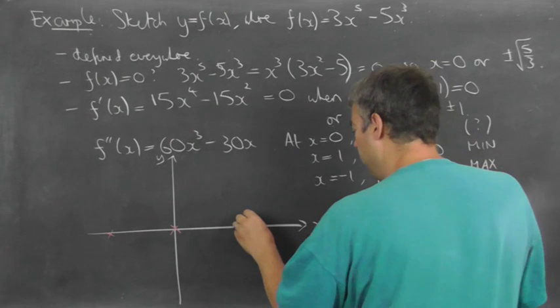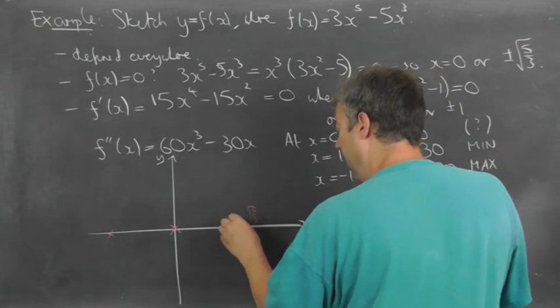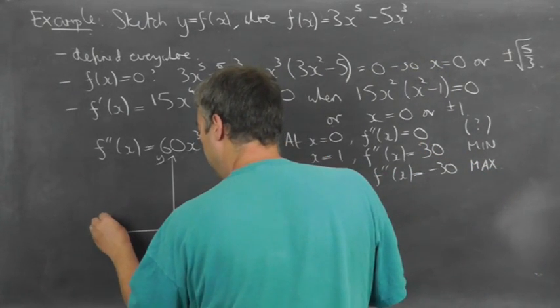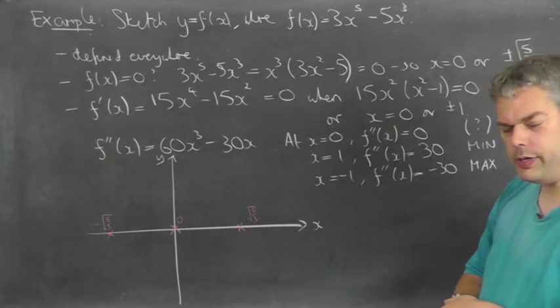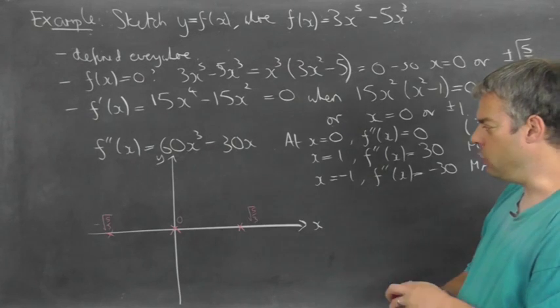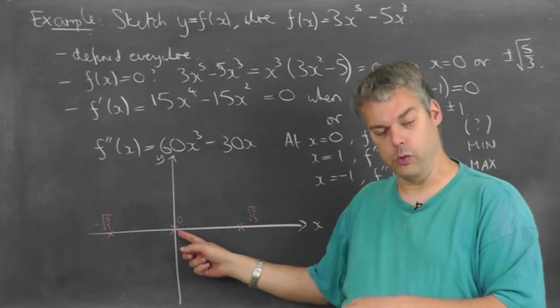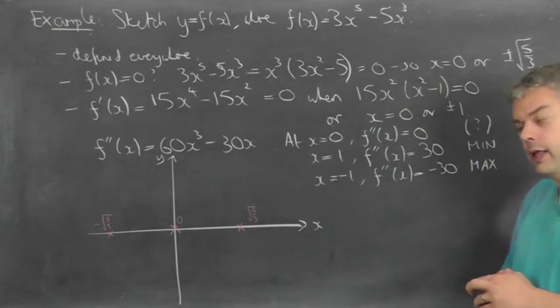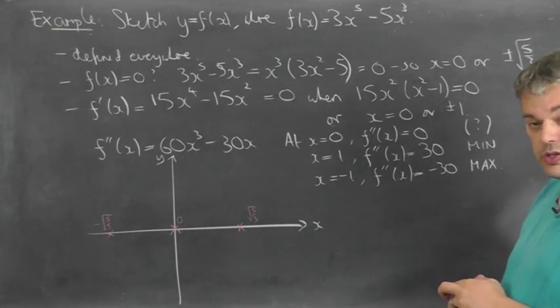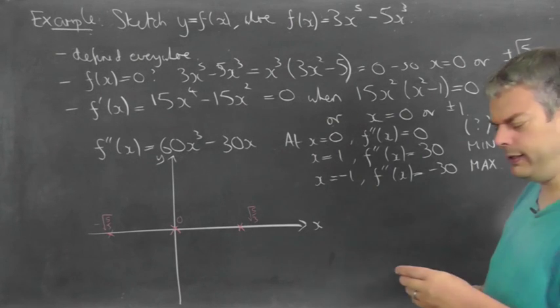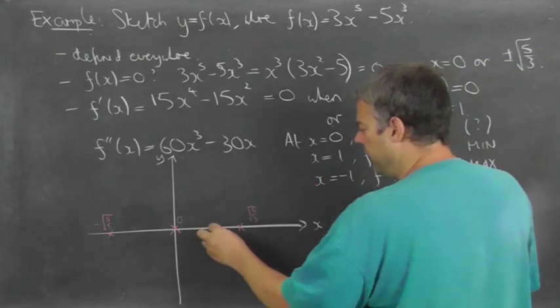So these are at the root of 5/3, and minus the root of 5/3, and at 0. Where does it cross the y-axis? Well, f of 0 is 0, so that was easy. So where are the minima and maxima? Well, the stationary points. So at 0, it's flat.